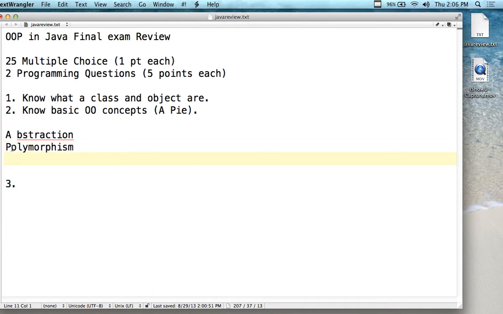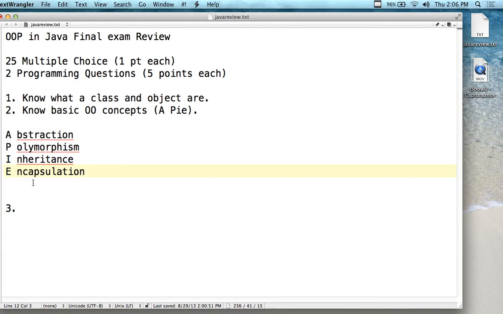Inheritance. Got that one right. And encapsulation. There we go. That's what a pi stands for.